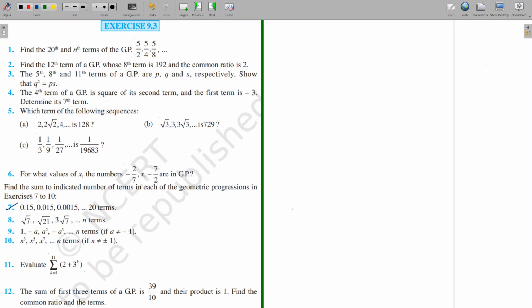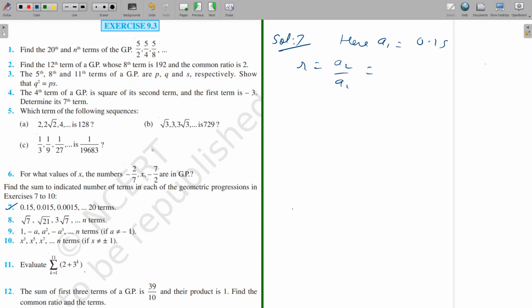Question number 7. Find the sum to indicated number of terms in each of the geometric progressions in exercises 7 to 10. So here we have to find the sum of this GP till 20 terms. That means we have to find S20. So let us do the 7th one, solution number 7. First of all we will find R. Here A1 equal to 0.15, R equal to A2 by A1.